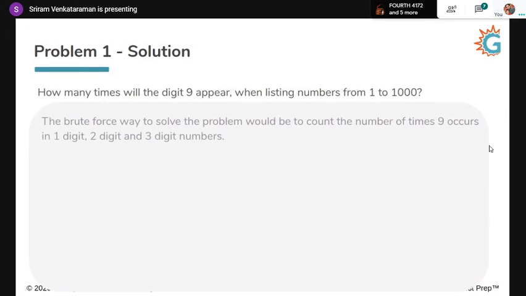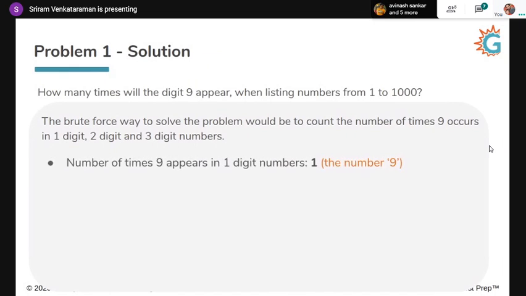Now, the brute force way to solve this would be to actually count the number of times the digit 9 occurs in one digit numbers, two digit numbers, and three digit numbers. So I'm going to just do it brute force, which means that I'm actually going to list out all of them, but I'm going to do it in a more structured manner so that I don't miss anything.